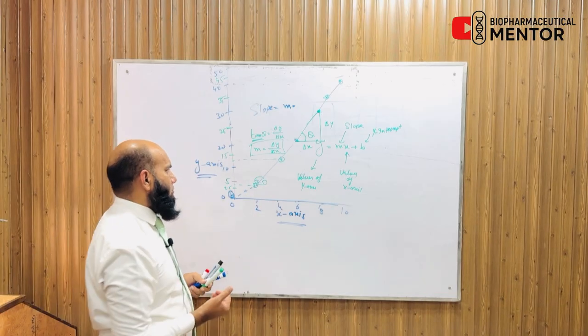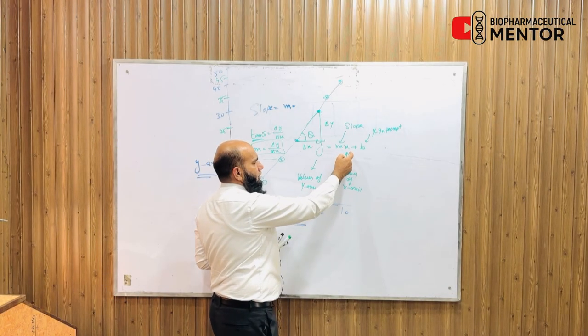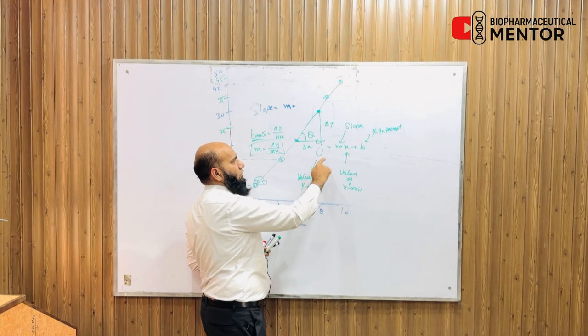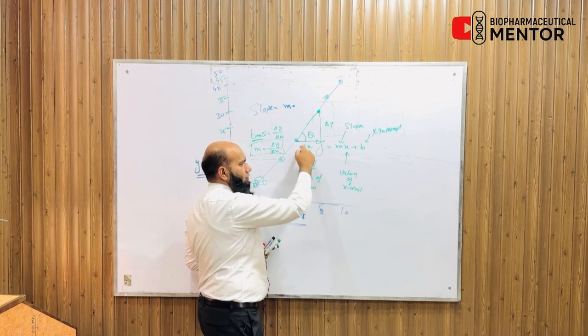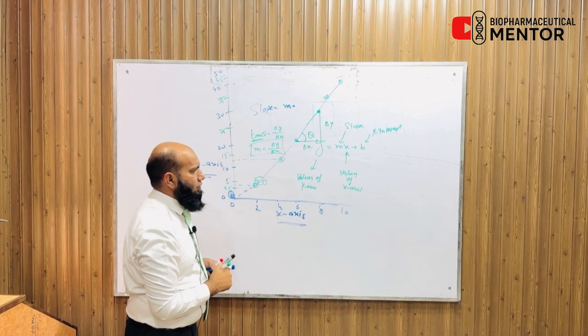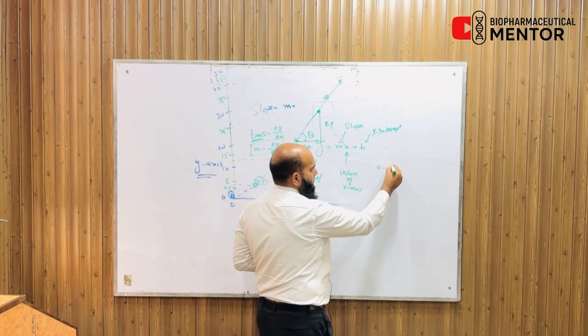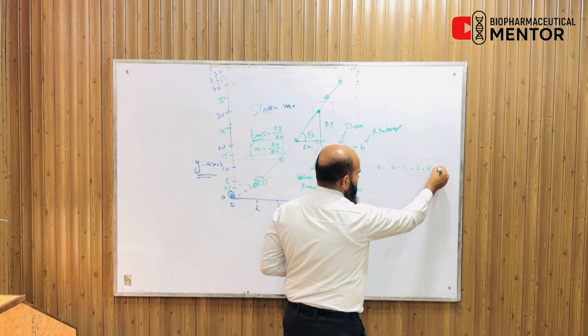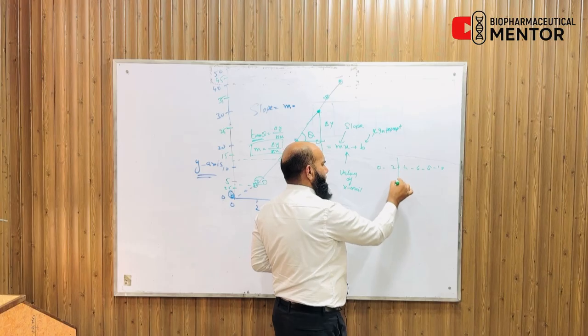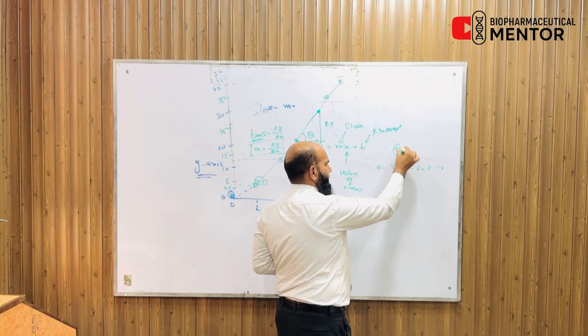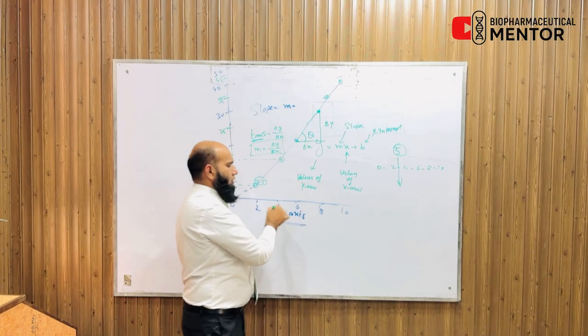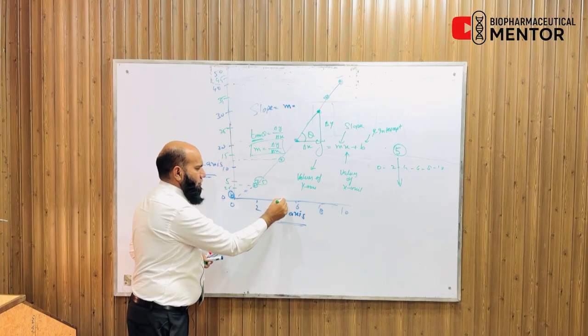Okay, after getting the slope value, we can check any value at x. What would be the value of y? For example, we have the points 0, 2, 4, 6, 8, and 10, and we want to check the value at 5, which is not mentioned in this graph. Now we want to check this value at 5.